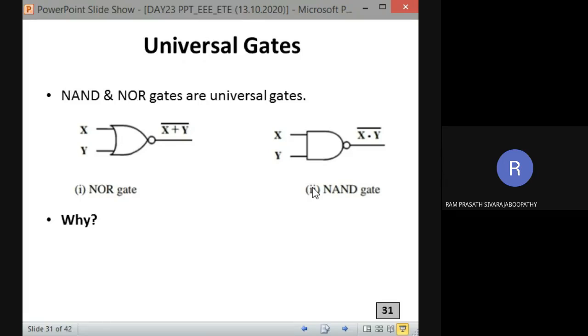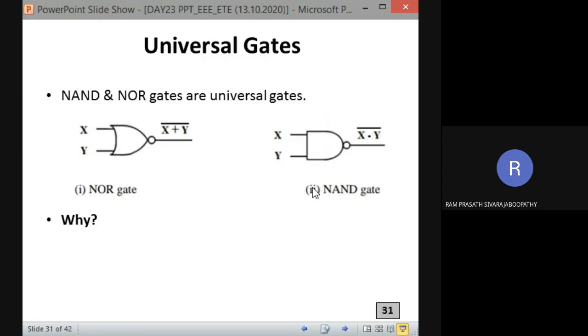Can you people type? Combined with the basic gates and NOT. Any idea? Combined with the basic gates and NOT.